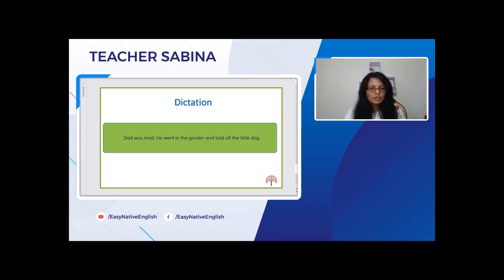Right, you don't put a full stop. I know I had a delay in it, but because I said and, that and needed to join on to the sentence before it. So it should have said, he went in the garden and told off the little dog. So you don't need a full stop after garden because you've got and after it.